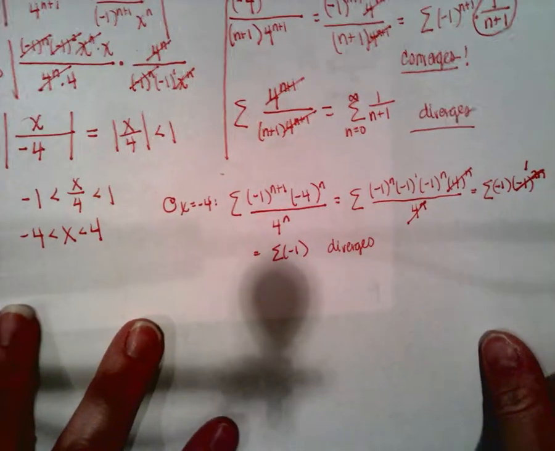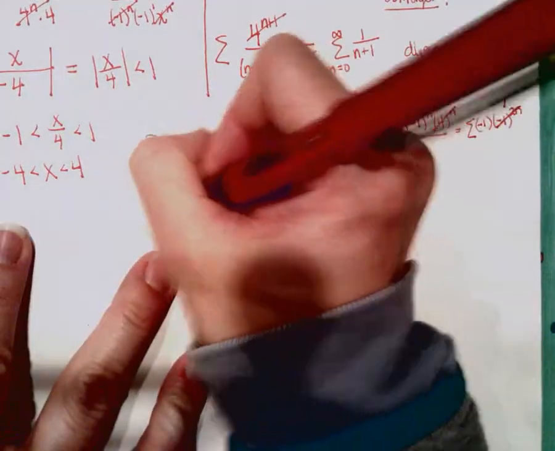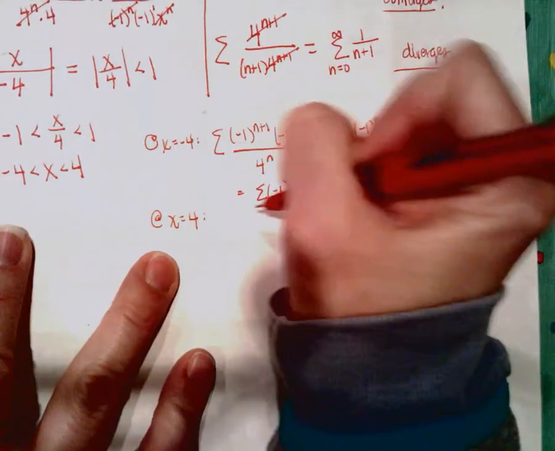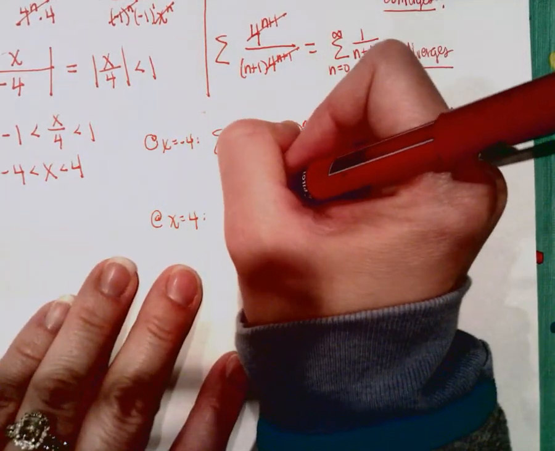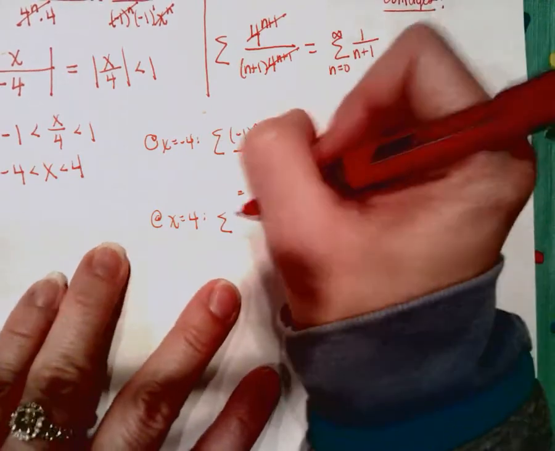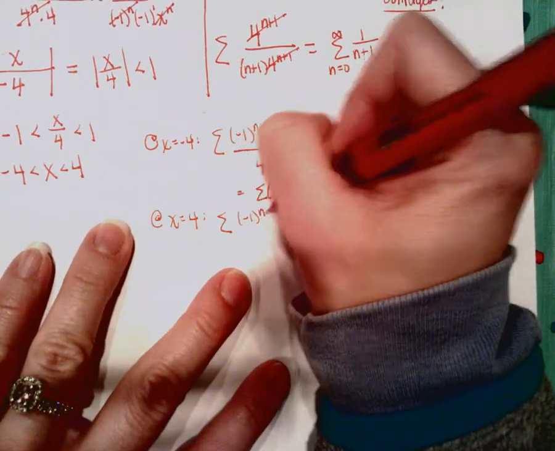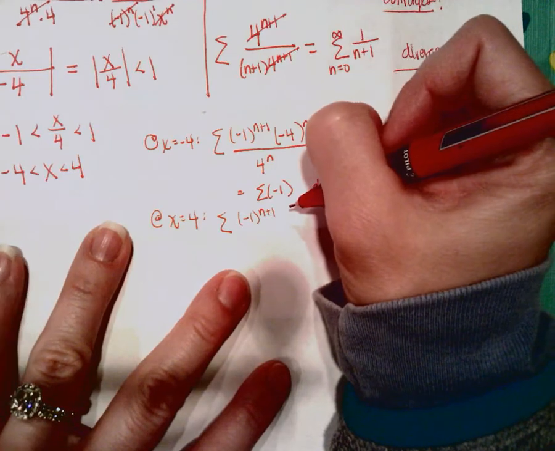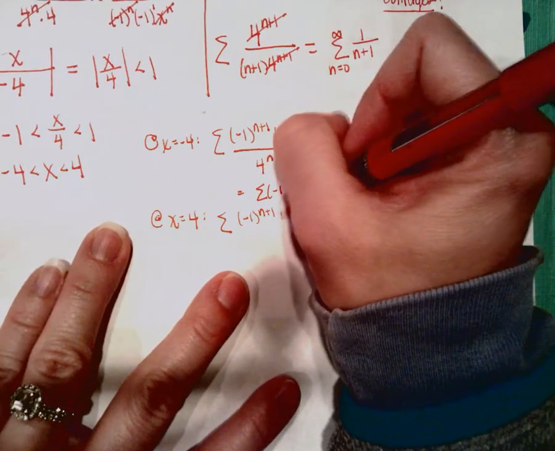So let's check +4. So we would have the sum of (-1)^(n+1) times 4^n over 4^n.